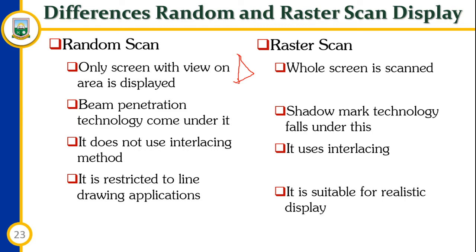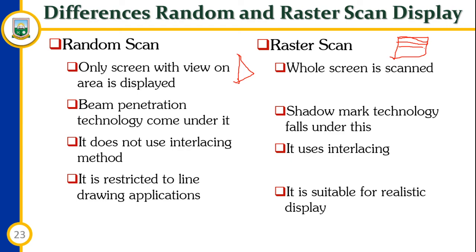However, with the raster scan, it has to go through and scan each of the rows on the screen to know whether the intensity of the object is supposed to be turned on and off. So that is another disadvantage.